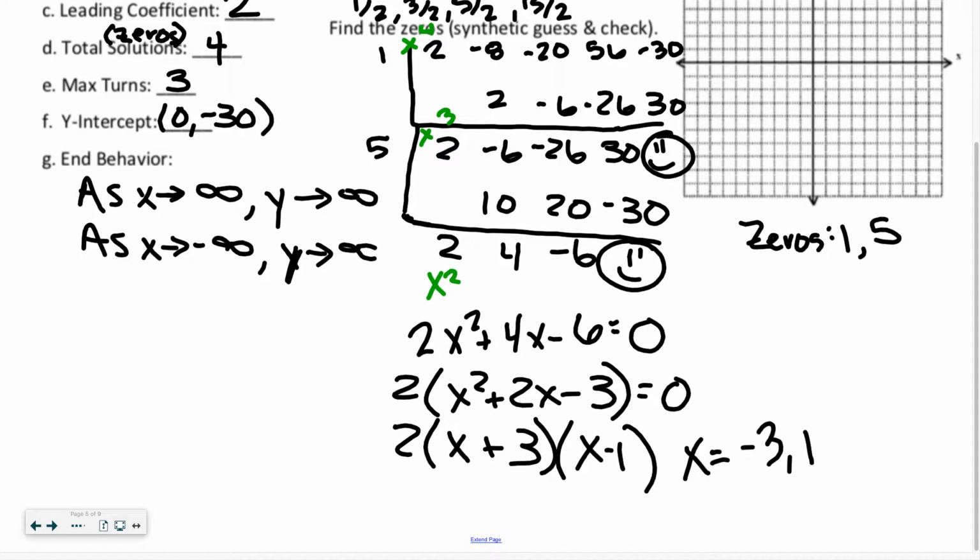It has multiplicity. 1 with multiplicity of 2, 5, and -3. And if you want to write 1, 1, 5, -3, or 1, 5, -3, 1, that's fine if you want to write it twice. Just note that because it has a multiplicity of 2, it's going to bounce on the axis.